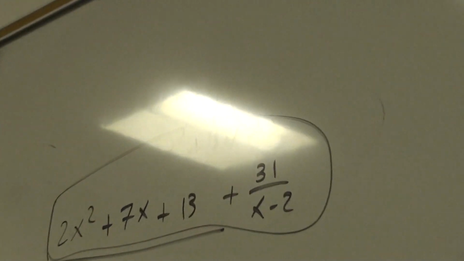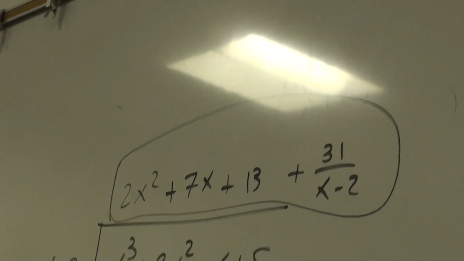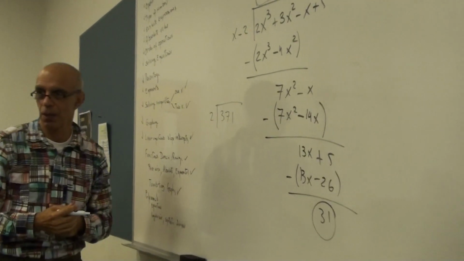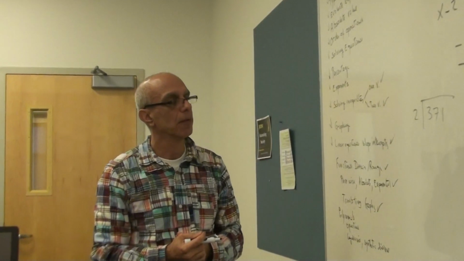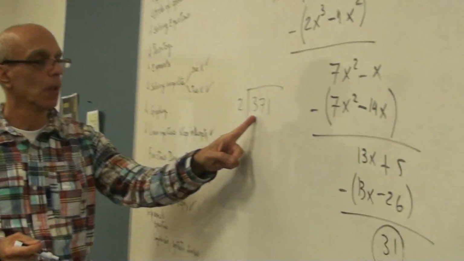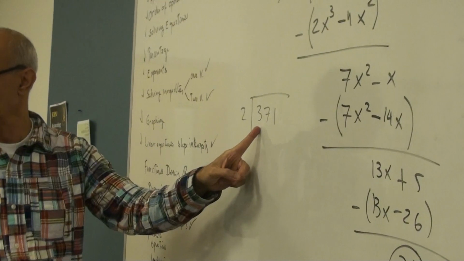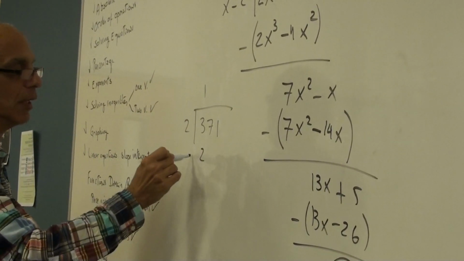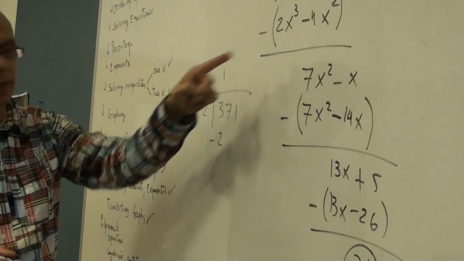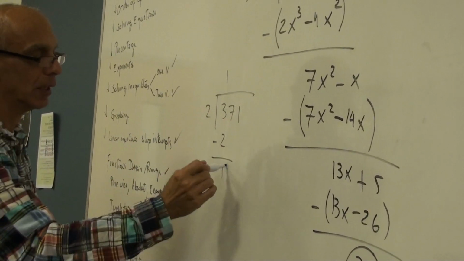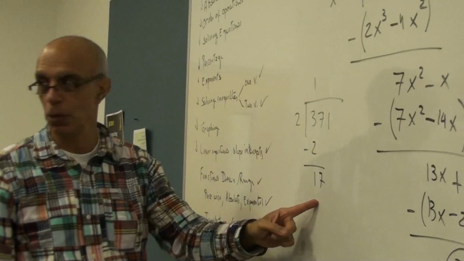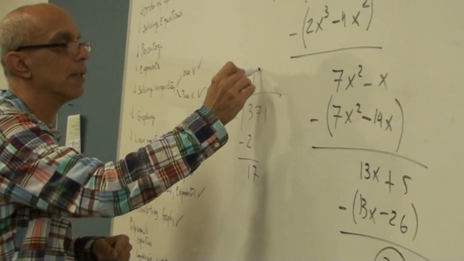So this would be my answer. It's like, for instance, if I have 371 and 2, okay? How do I divide that? How many times does 2 go into 3? 1, right? 1 times 2, 2 here, and then I subtract, remember, subtract, right? And then I have 1, bring 7 down, 17. How many times does 2 go into 17? 8.